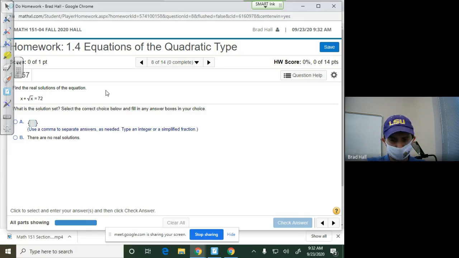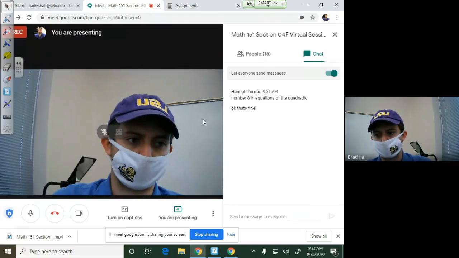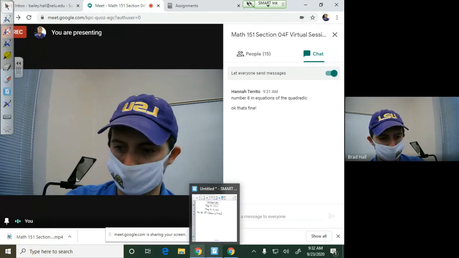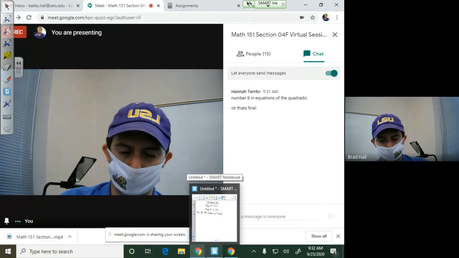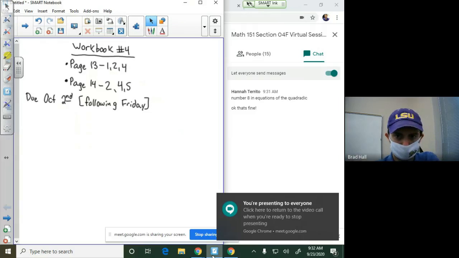When I go through the workbook problems, I'm going to be talking about a problem that looks just like this one. In particular, it's number 2 on page 14 of the workbook. So hopefully you're okay with that. But I'll be doing a problem just like it, as you'll see. So let me just go ahead and do the workbook problems. It might reflect a lot more than you think. So I'm just going to go ahead and start doing those, and we'll go from there.